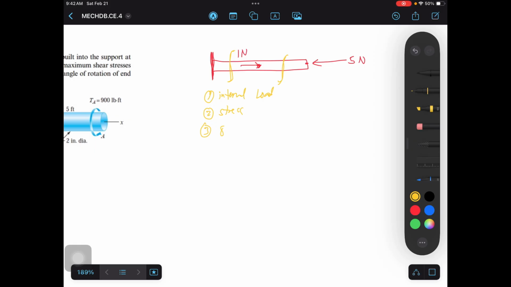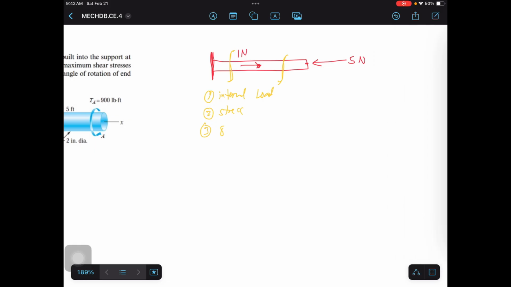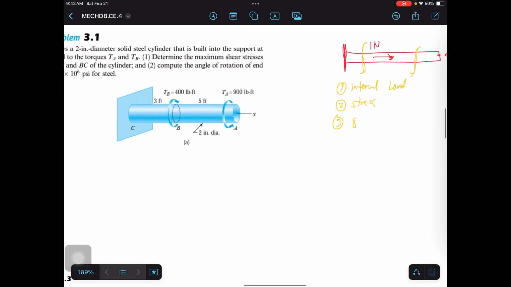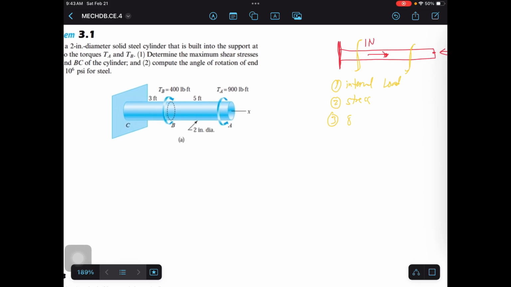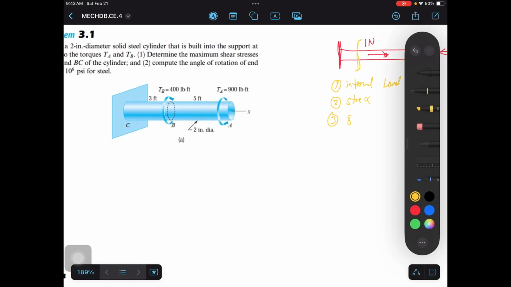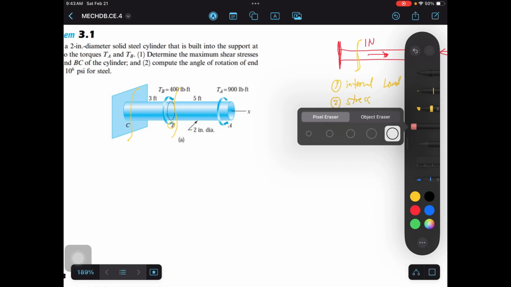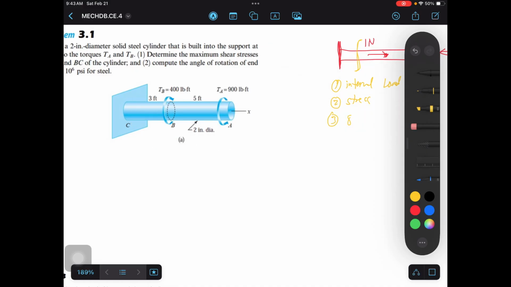So, for torsional stress, paano natin kukunin si internal load? Nagsa-sections din tayo kagaya kay actual load. Kung kukunin natin yung stress sa AB and BC, kailangan nating i-cut yung material dito and dito. Pwede kang pumili kung anong side ang gagamitin mo, the right side or the left side.